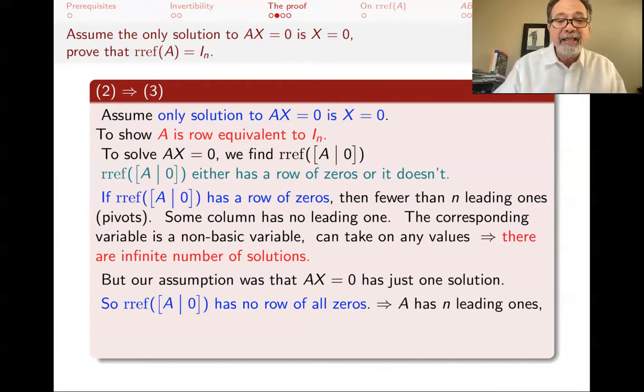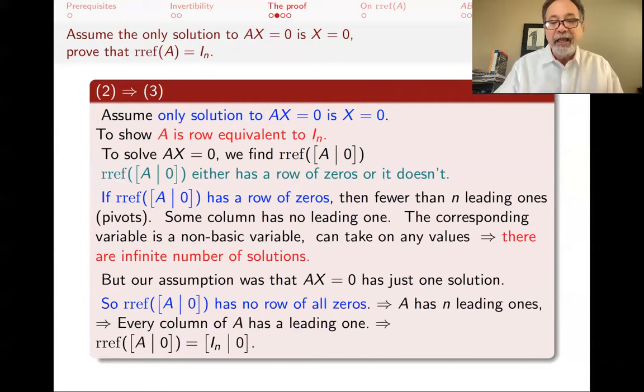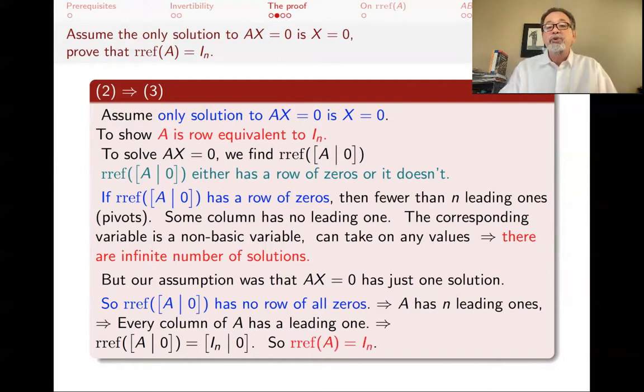So that means that the reduced row echelon form of the augmented matrix must be the identity appended with 0, which means that column of zeros, that augmented part, doesn't really do anything. That was just sitting there all along. So that means that the reduced row echelon form of the matrix A must be identity, and we're done with our proof.